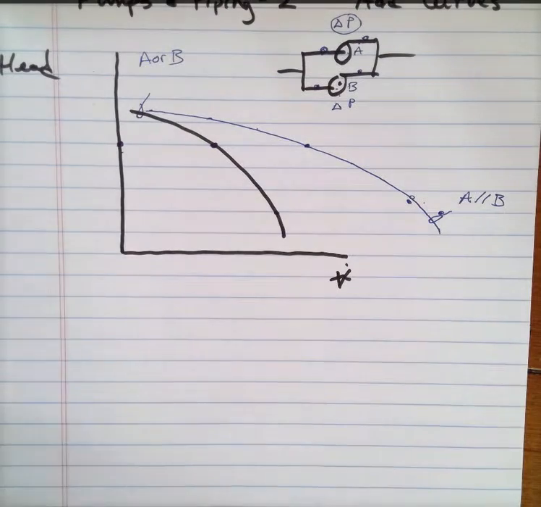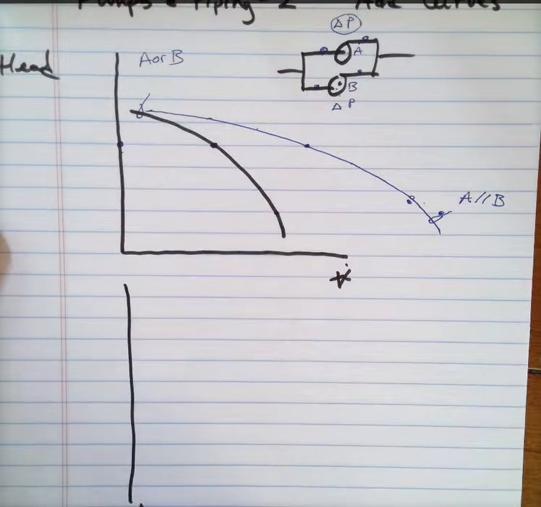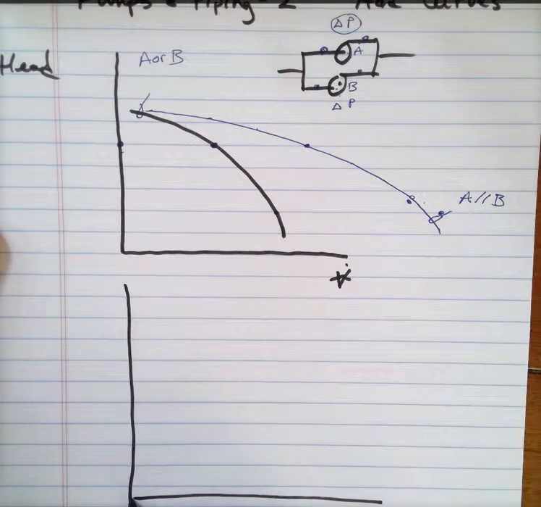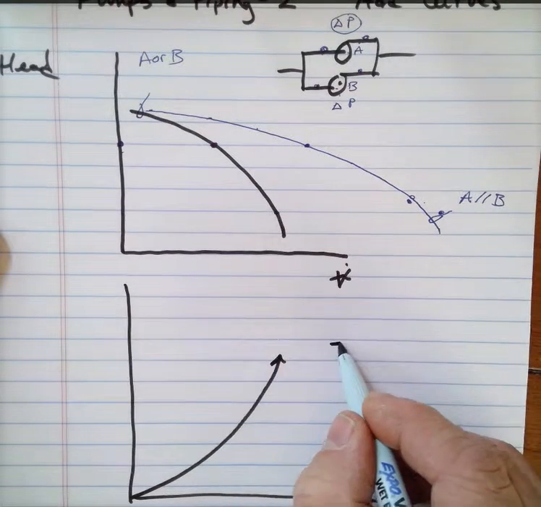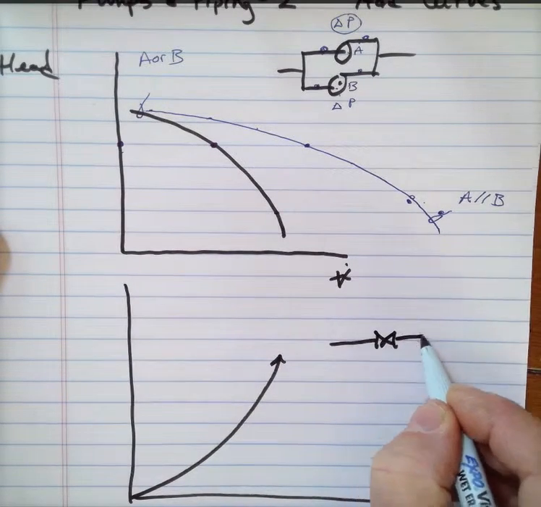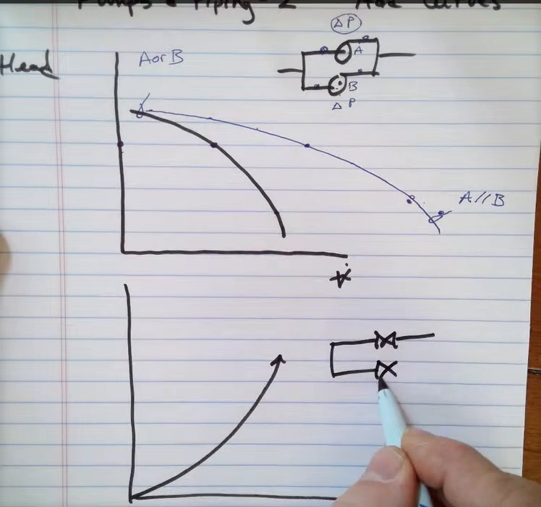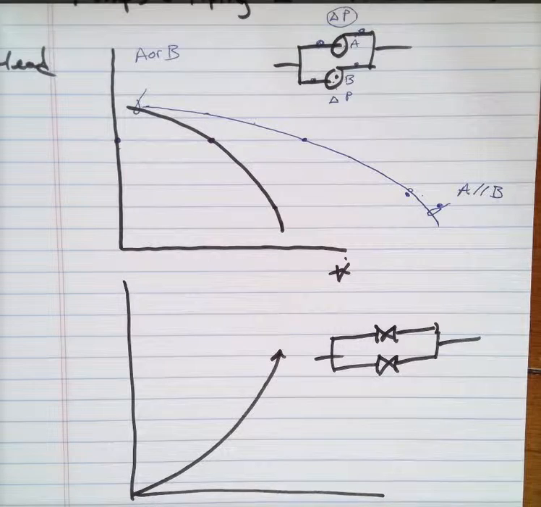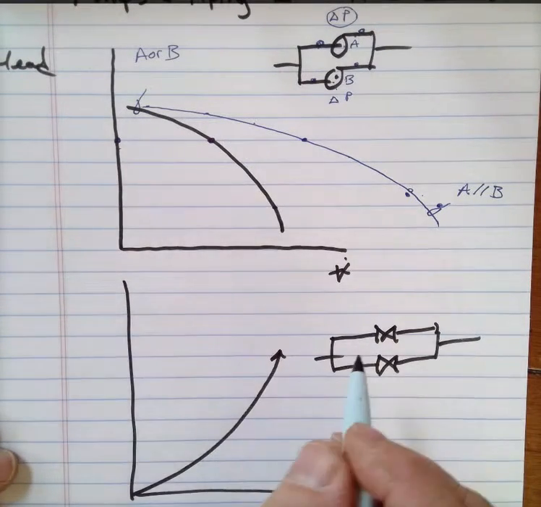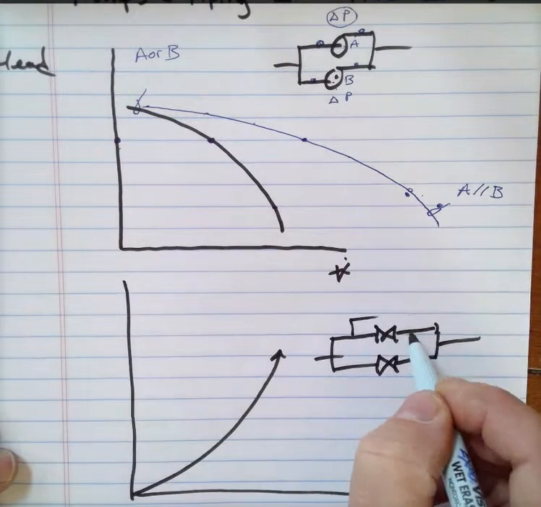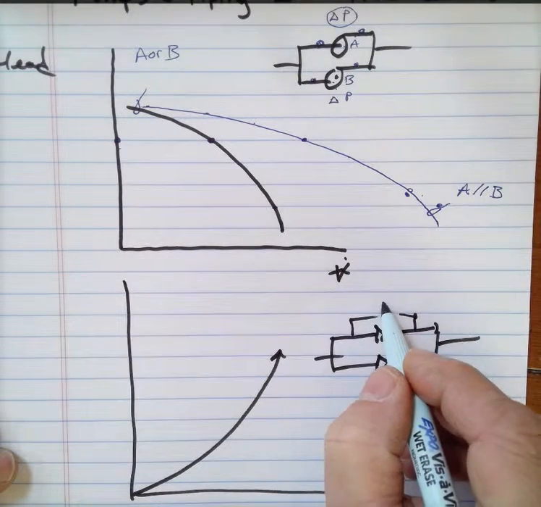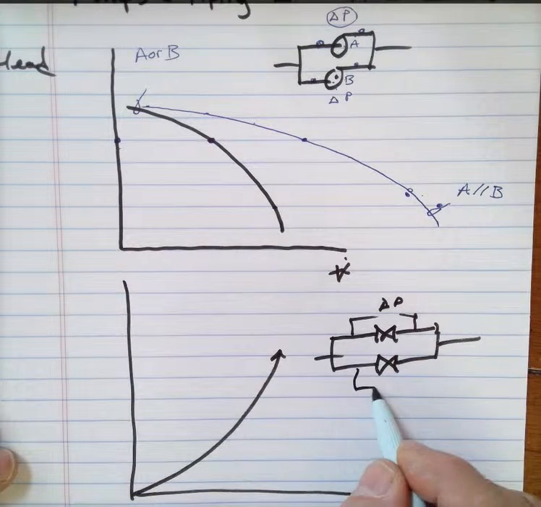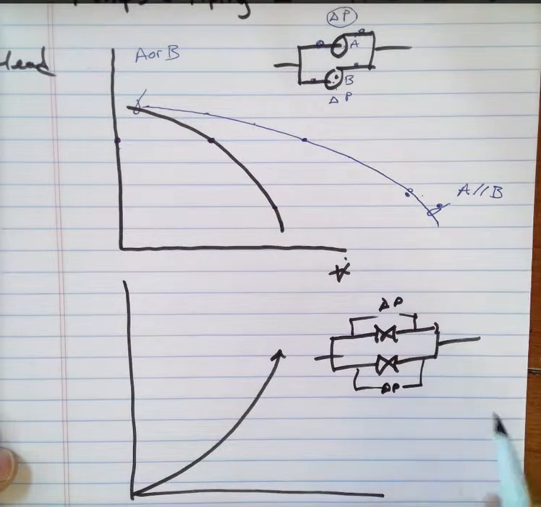In fact, what if we had 2 valves that were identical? And we wanted to have them in parallel. Well, the head loss across this valve, and head loss is a difference in pressure, remember, would be the same as the head loss across this valve, the difference in pressure across that valve, yet the flow rate would double.